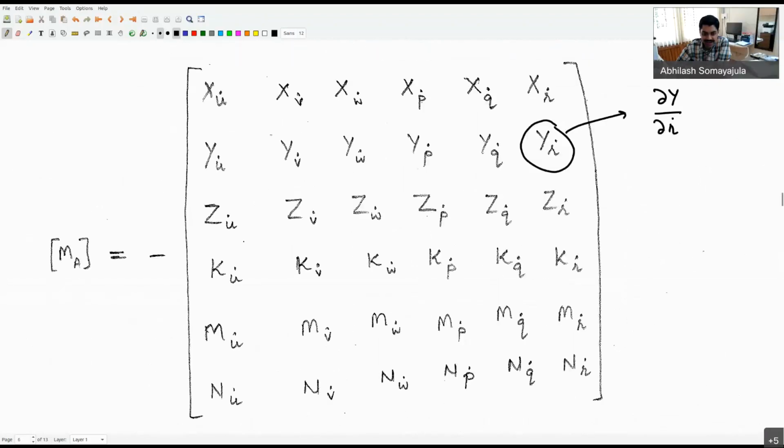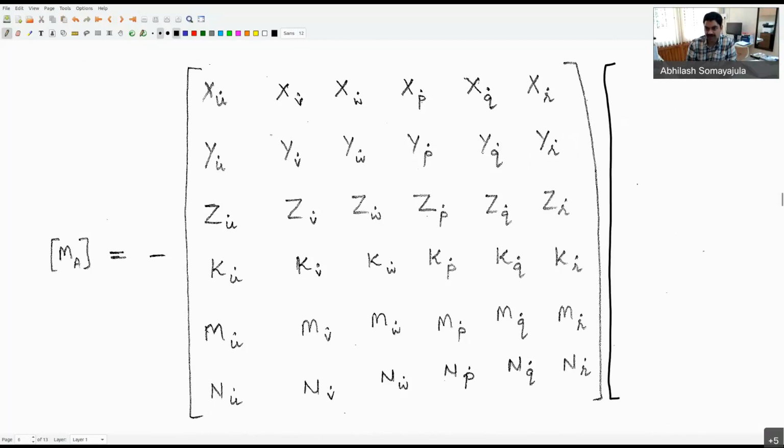So this is simply my added mass. This multiplied by my acceleration should give me the so-called inertia force due to added mass. If I multiply this matrix with the vector of u dot, v dot, w dot, p dot, q dot, and r dot, what am I getting?